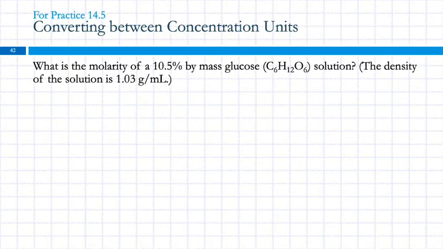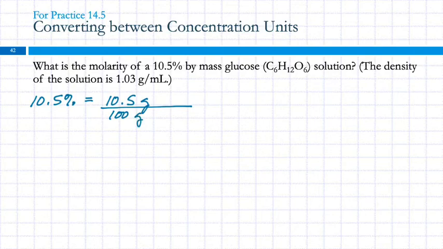So we should be able to convert between different concentration units. So here, what's the molarity of a 10.5% by mass solution? Again, we can approach this as unit analysis, dimensional analysis. Let's write down the numbers and see what we can do with them. 10.5% by mass means 10.5 grams per 100 grams.